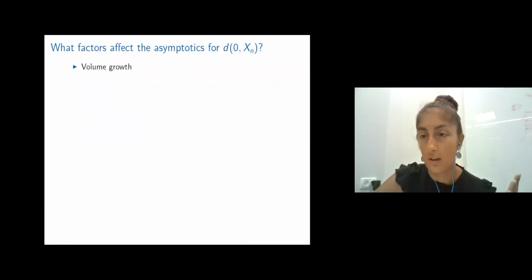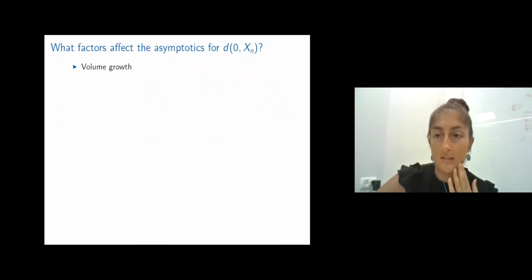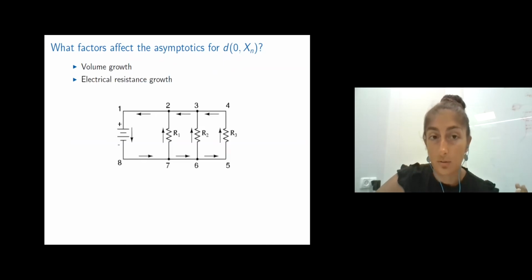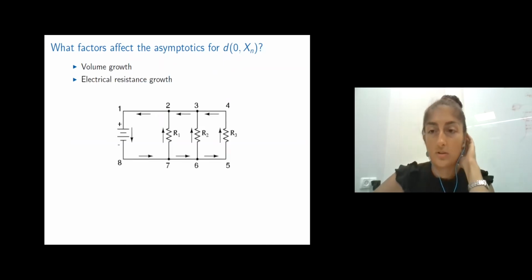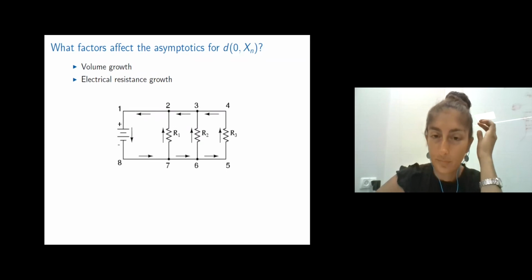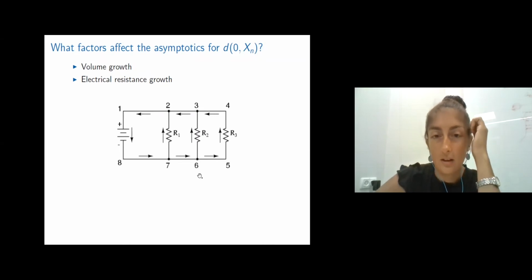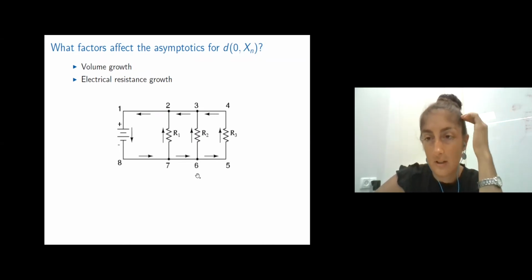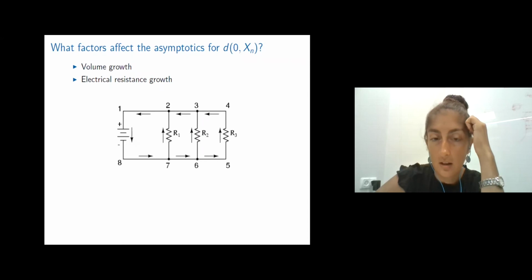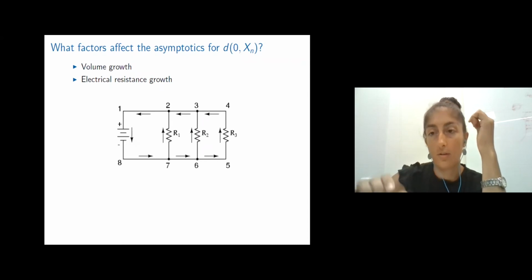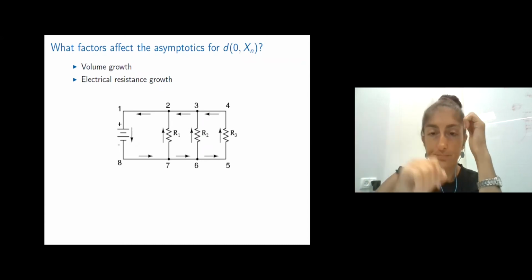But this notion of escapability is captured by a quantity called effective resistance, which maybe you heard about in school. So basically it's a very nice theory. You can imagine you have a circuit, and we know electrons move around circuits, and the effective resistance between any 2 points on the circuit tells you how hard it is for an electron to get between those 2 points.